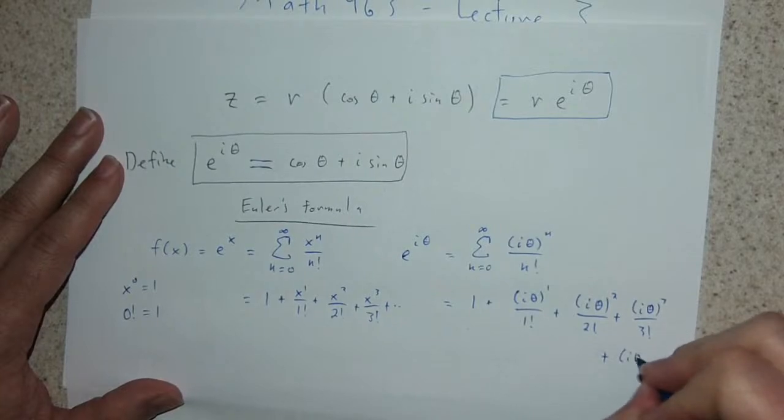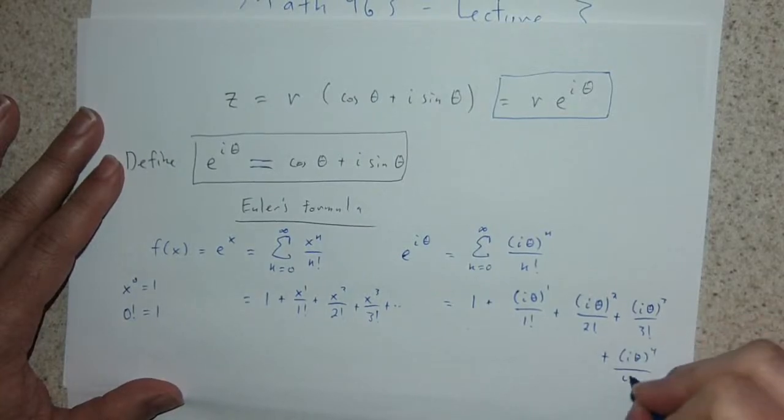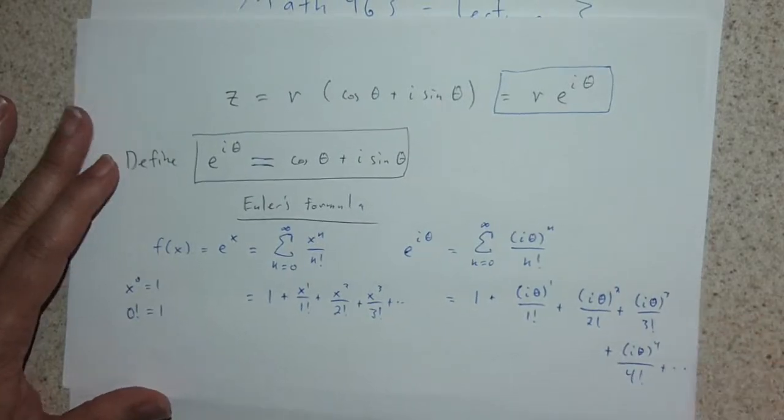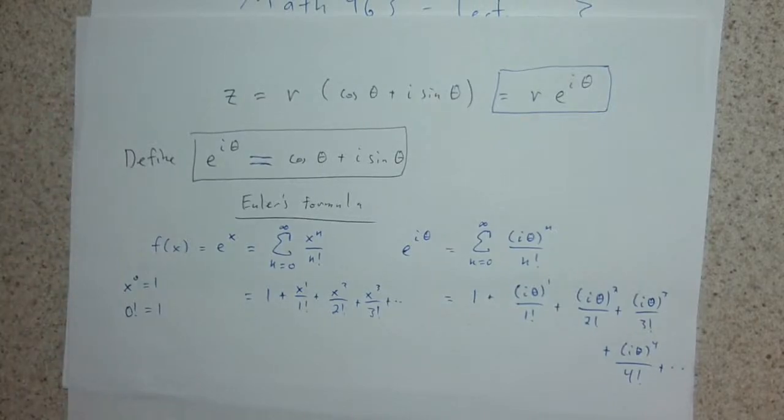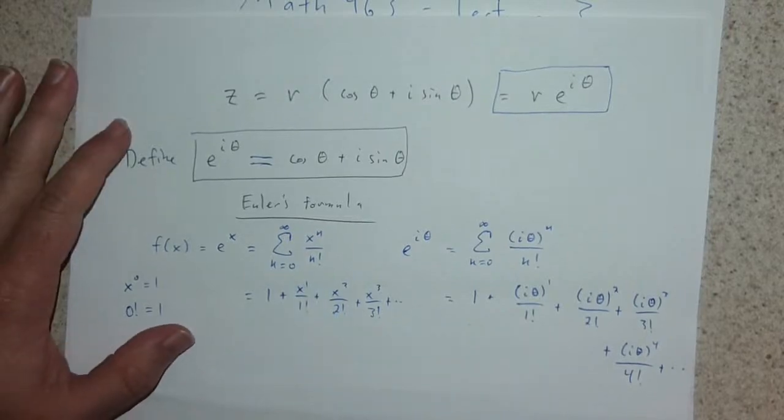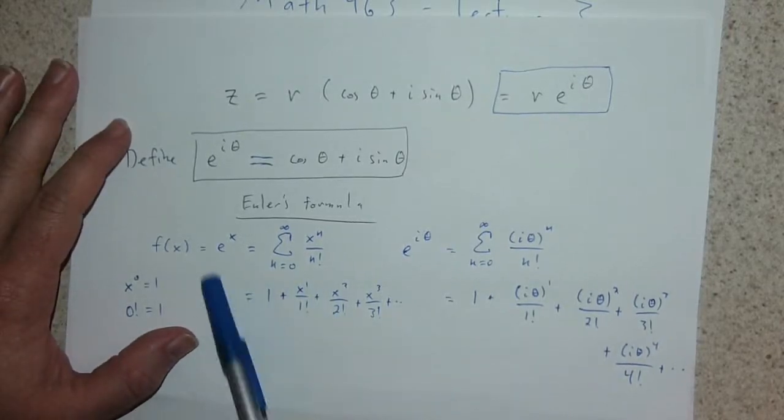So maybe I'll write one more term, and then I'll be happy. Now again, you might not really understand what rules are at play when you plug in some complex value into a real function of a real variable.